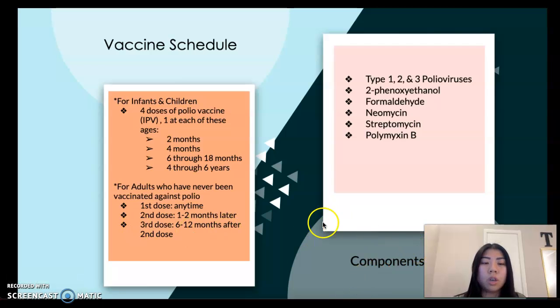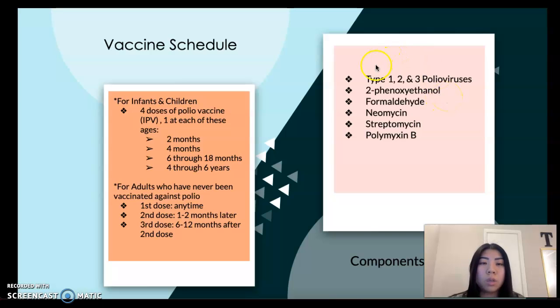And then these are the components of the inactivated polio vaccine, which is the only vaccine that is currently being used and administered in the US. The IPV vaccine is grown in monkey kidney cells, and then it is inactivated with formaldehyde. It contains three antibiotics: neomycin, streptomycin, and polymyxin B, and it is preserved using 2-phenoxyethanol.